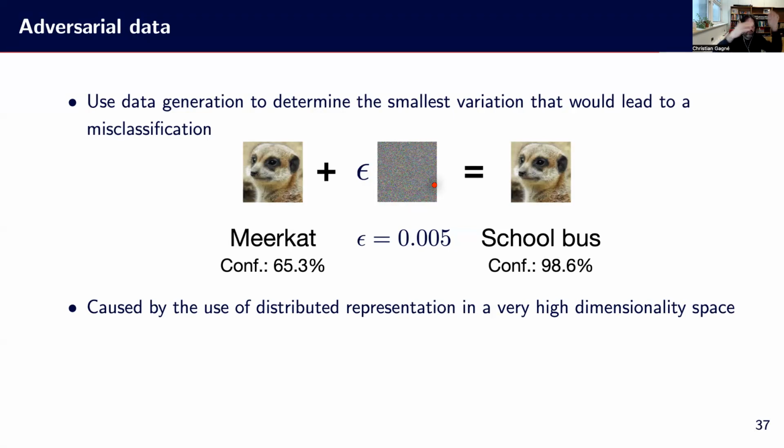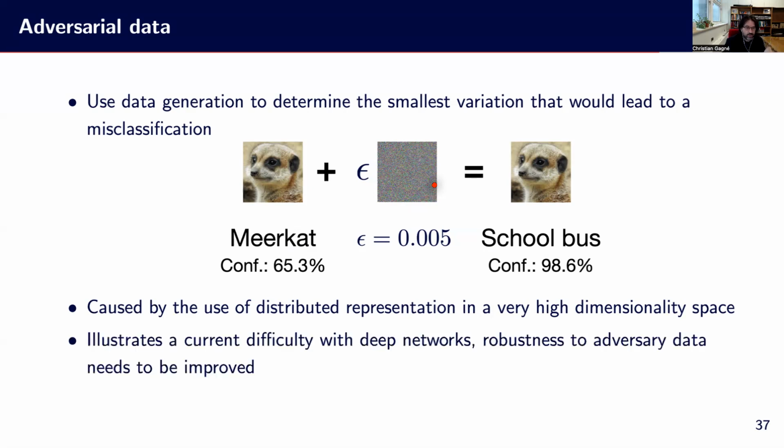Because we are kind of cutting the space in many, many ways with different hyperplanes, over really huge dimensions. And if we figure out the right direction, we can just make a really small step and move to the other side of the hyperplane and change completely the decision. And so this is coming directly from this distributed representation approach.